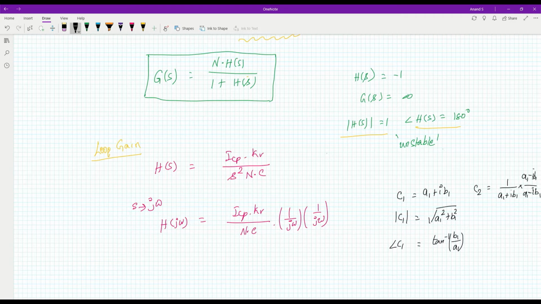Okay, so the magnitude of C2 will be equal to 1 over square root of A1 square plus B1 square, and the angle of C2 will be equal to tan inverse of minus B1 over A1.